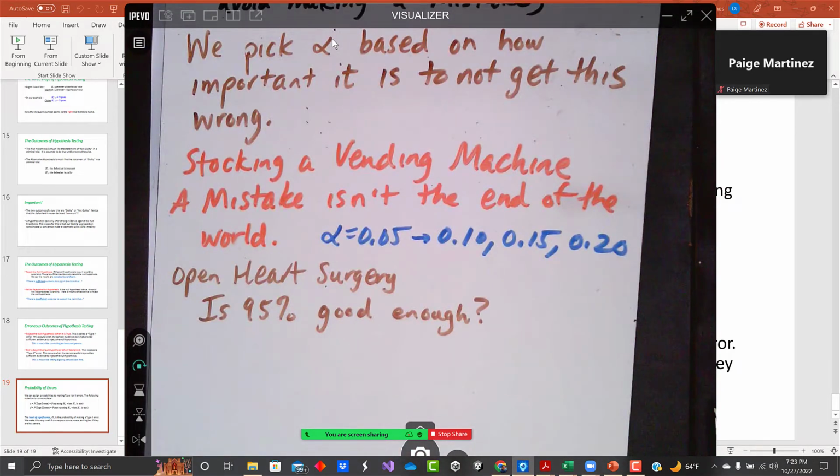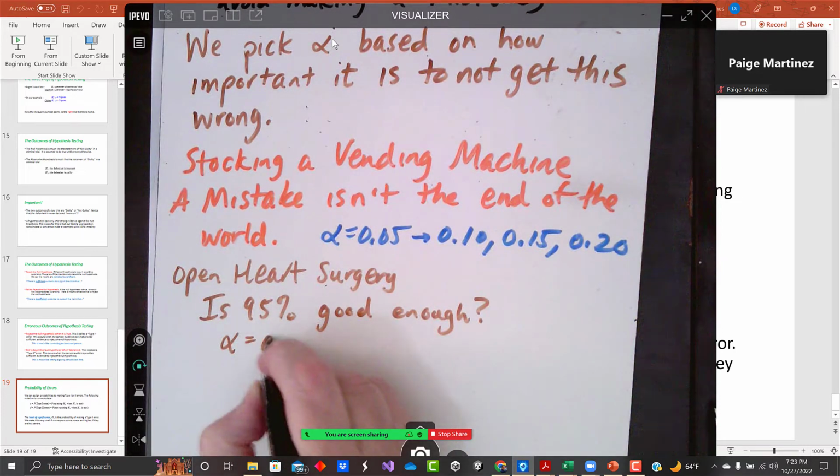If you have a 95% success rate, that means 1 out of 20 people are dying on your table. I don't know if that's a good success rate. I don't know if I would be happy going under open heart surgery if I was told there was a 5% chance that it failed. Unless I was going to die without the open heart surgery, and then it's like, all right, whatever, anything you're doing to save my life. But you know what I mean? I think you feel me. So 0.05 may be too high.